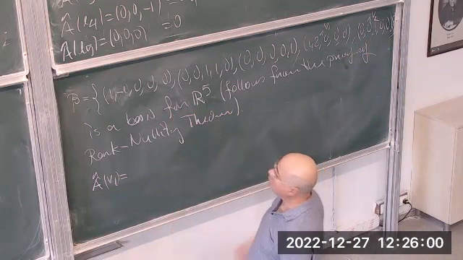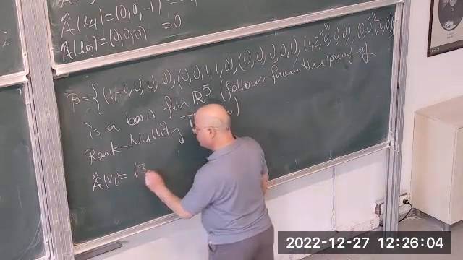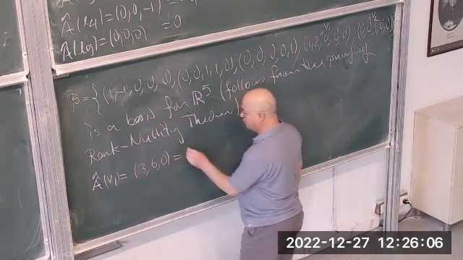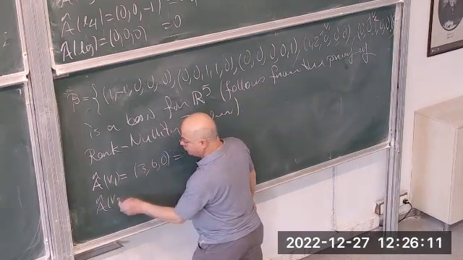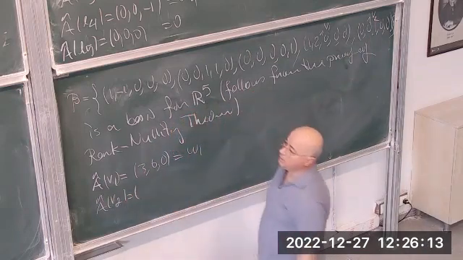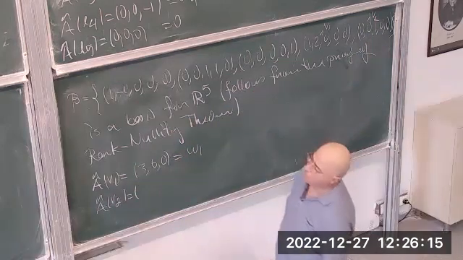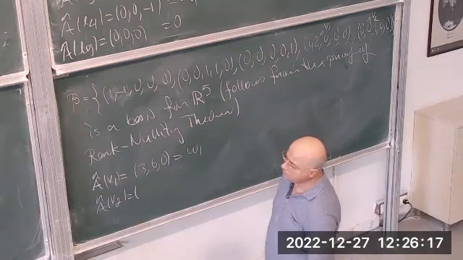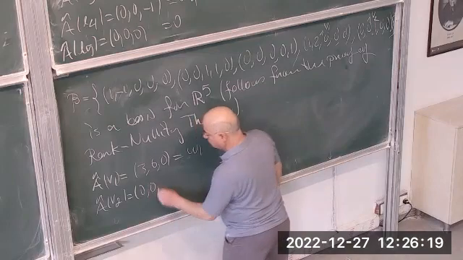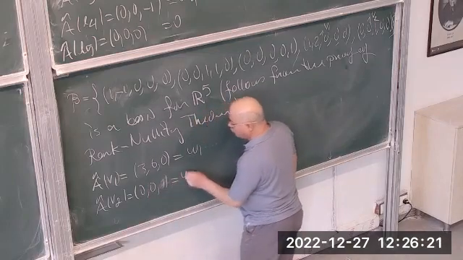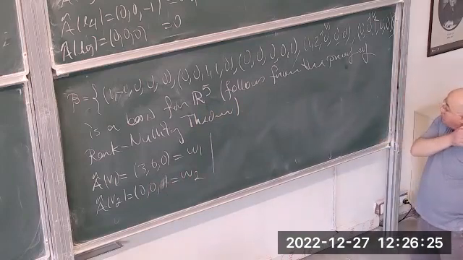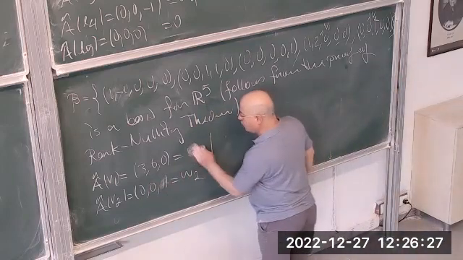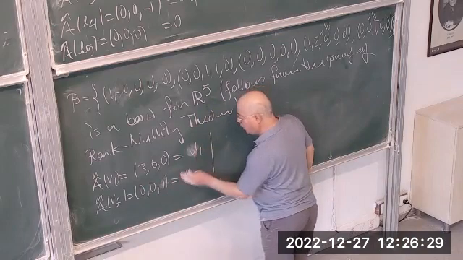Right? 3, 6, 0. Let me call it W1. A hat V2: 0, 0, 1. Let me call it W2. Okay, let me say U1, U2.